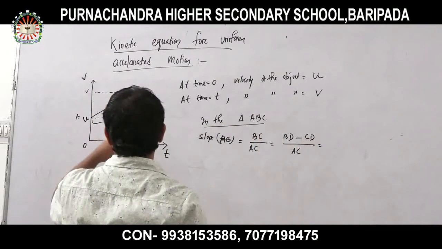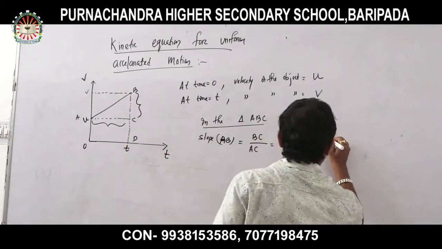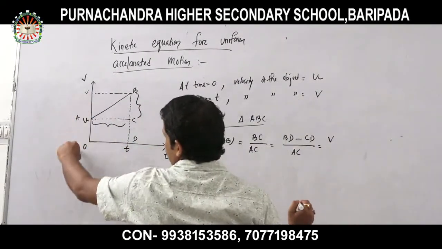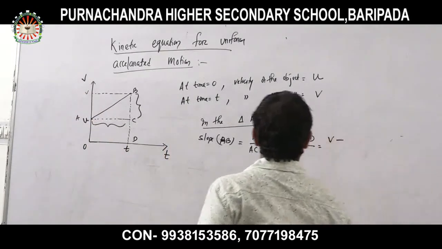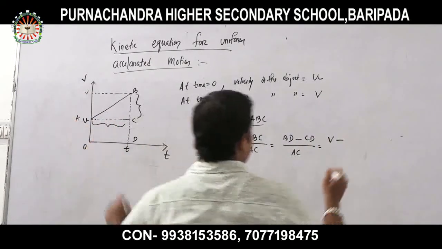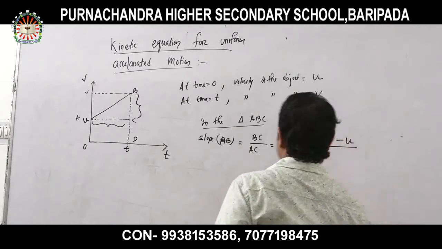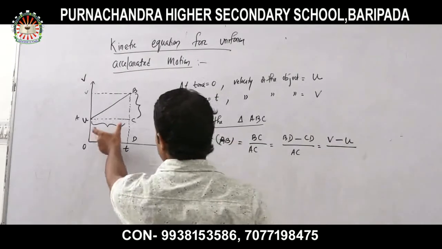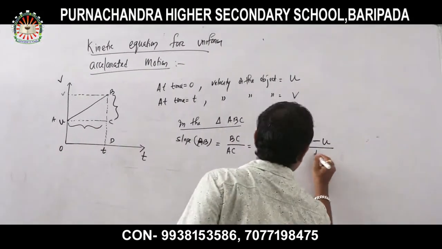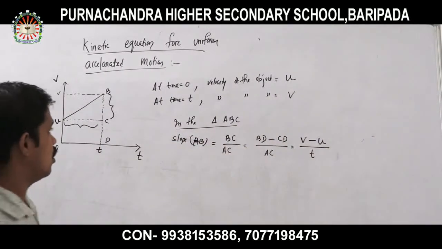What is BD? BD is nothing but your V. And CD is nothing but your U, divided by AC. AC simply is your time. All of you clear?